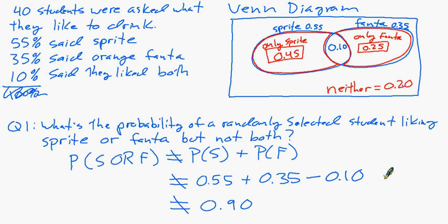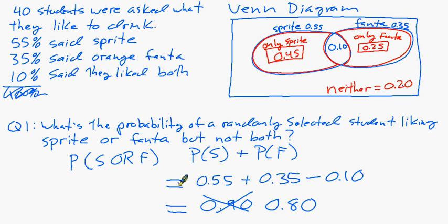And if we do that, it all straightens out nicely, which now makes much more sense because Sprite or Fanta, again, is this union, which is everything that's not outside. So if it's 20% outside, it's got to be 80% inside. So that makes much more sense.